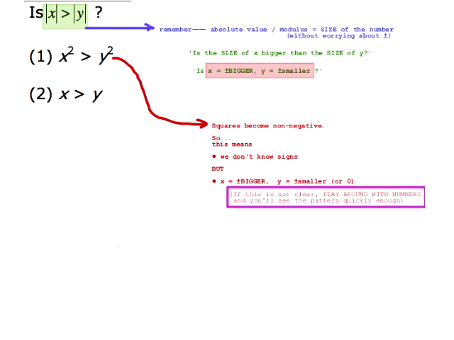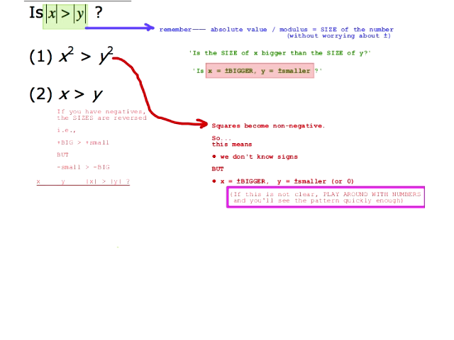Statement 2: the problem is, if you have negatives, the sizes are reversed. Positive big is greater than positive small, but negative small is actually greater than negative big. If this is too abstract, you can just generate numbers, test cases, and throw them into the question.